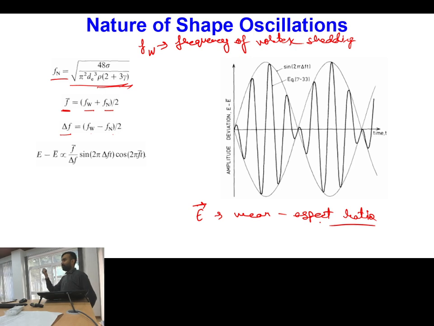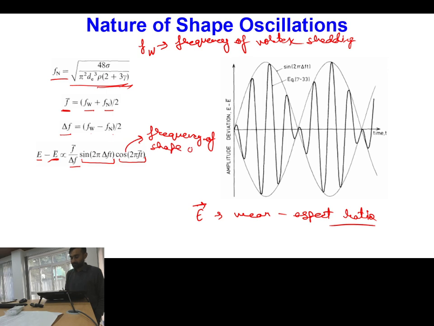If you take the mean of all that and calculate the instantaneous aspect ratio minus the mean, it can be proportional to F bar by delta F, sin 2 pi delta F t, and cos 2 pi F bar t, where cos 2 pi F bar t represents the shape oscillations, F bar being the frequency of shape oscillations, and the delta F t term accounts for oscillations in amplitude. Understood? Oscillations in amplitude.